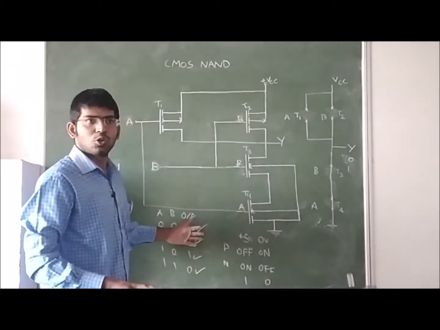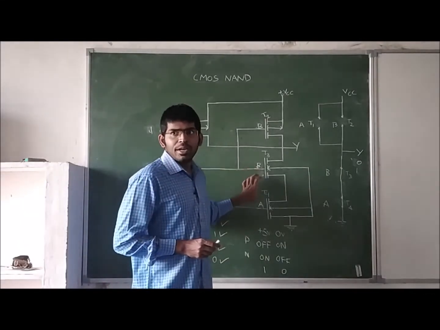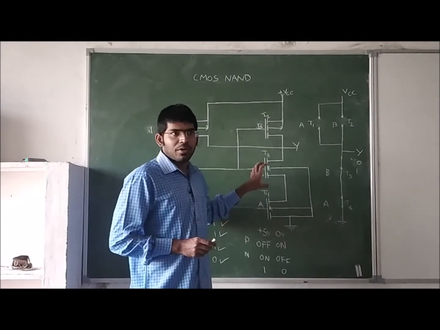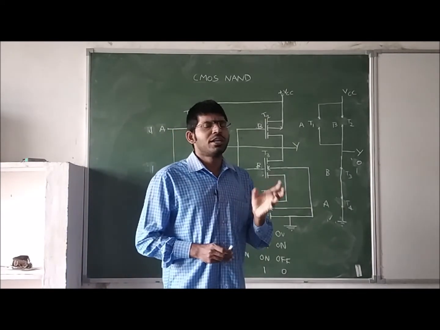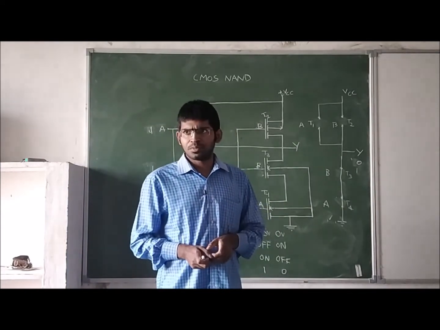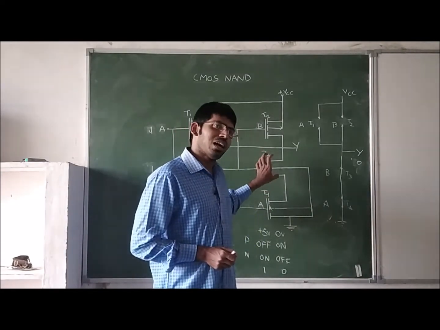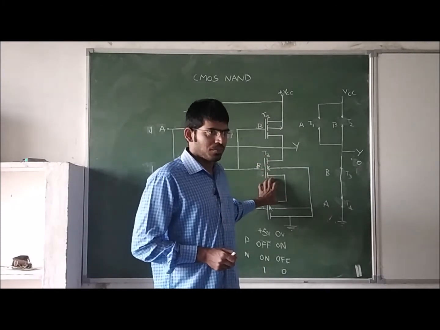So the NAND gate truth table is verified. The CMOS NAND gate has an advantage with power. It consumes only a small amount of power compared to TTL and ECL. But the propagation delay of CMOS is higher compared to ECL and TTL.